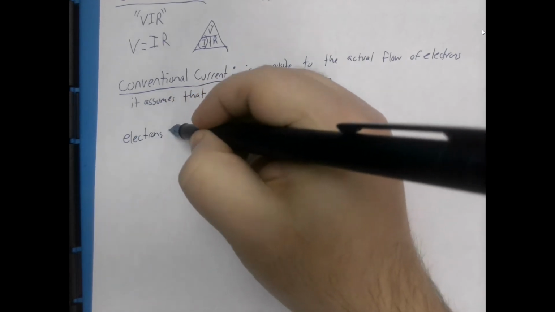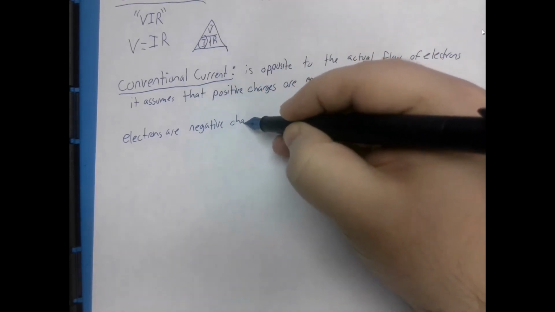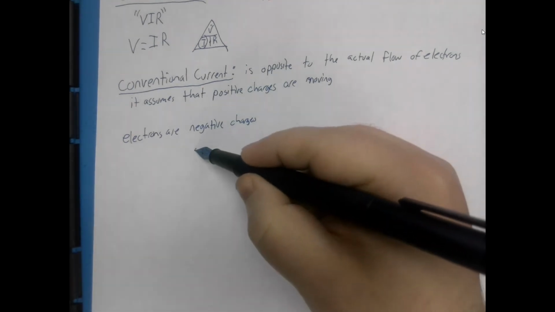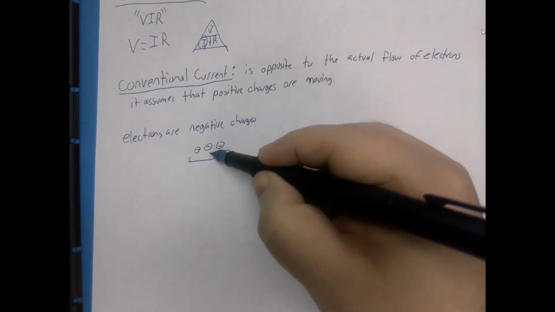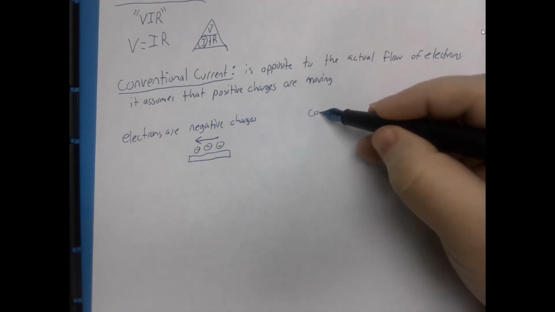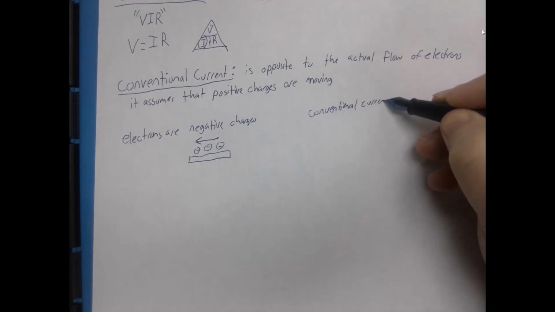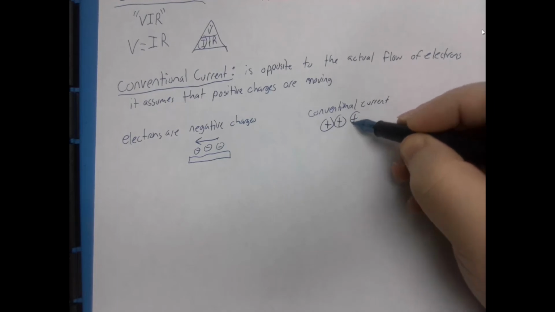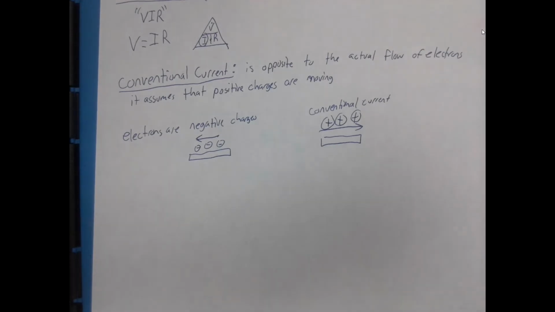Electrons are negative charges. And so if the electrons are moving along the wire in this direction, then we can put conventional current as being the opposite. We can assume that positive charges are moving on the wire in the opposite direction.